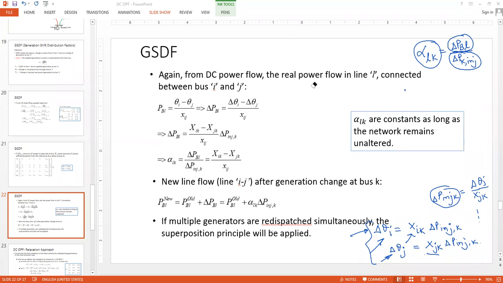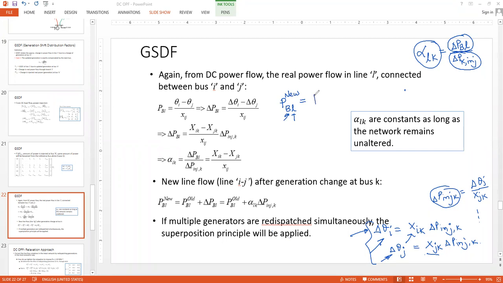Let us write it over here. We want to find the updated line flow after generation dispatch. Remember we were talking about generation dispatch. With the generation dispatch, our target was to find out some updated line flow. That would be PBL, the branch flow for line number L, and that is the updated one.